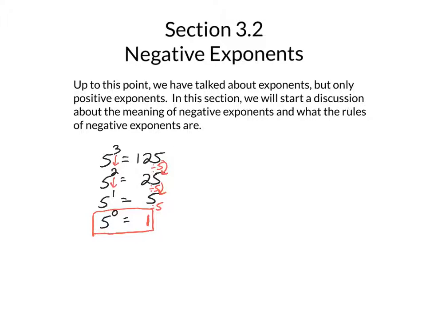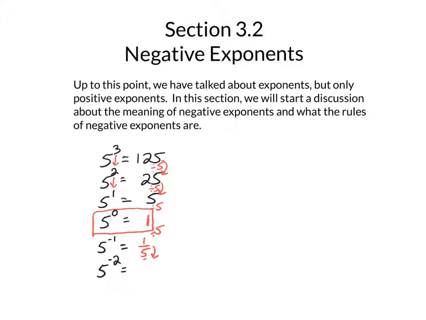If I would now say, how about 5 to the negative 1? Well, in order to get that answer, I would have to divide once again by 5. 1 divided by 5 is equal to 1/5. So 5 to the negative 1 is equal to 1/5. If I continue with this pattern, 5 to the negative 2, I would have to divide 1/5 by 5.